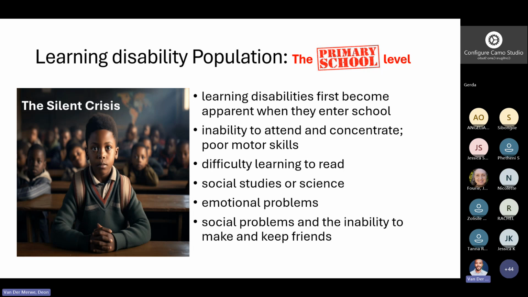So the learning disability population at the primary school level is, for me, honestly a silent crisis, because learning disabilities aren't a single syndrome, but a mixture of symptoms and behaviors that can show up in different ways.